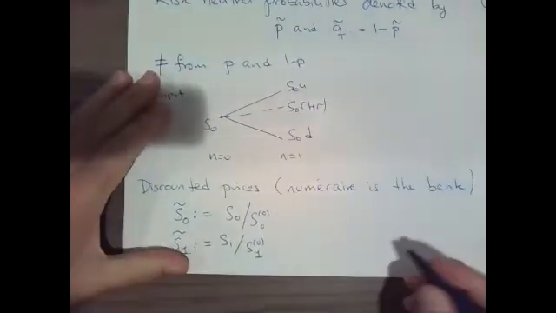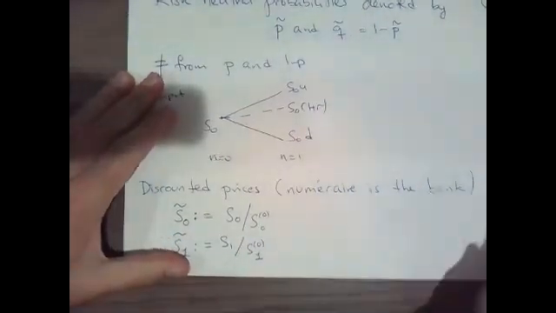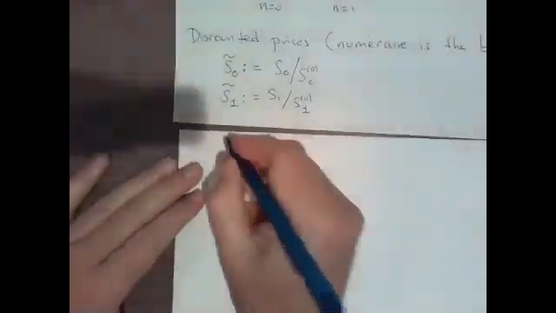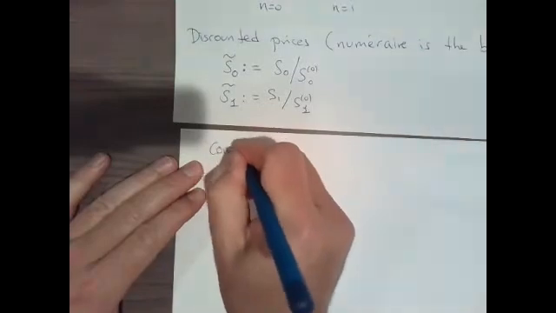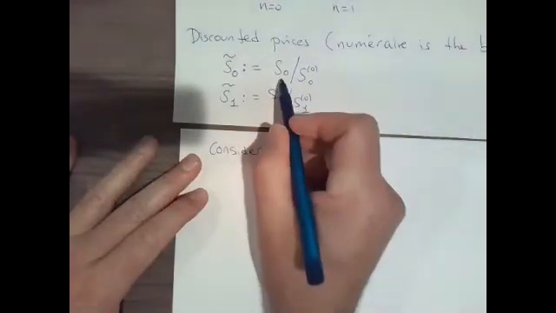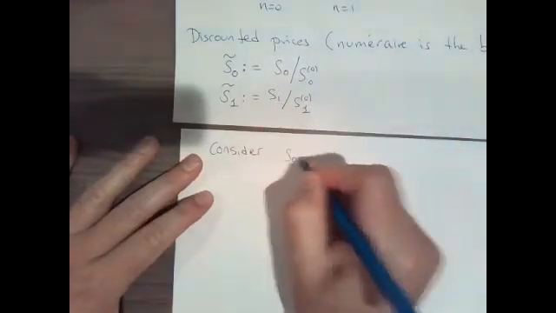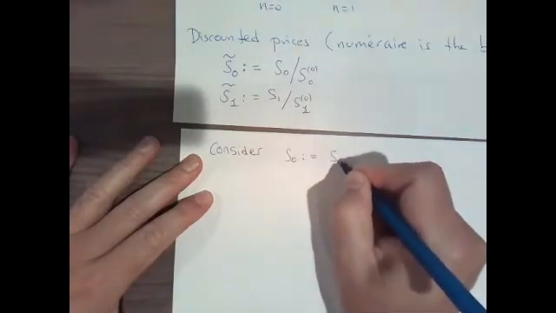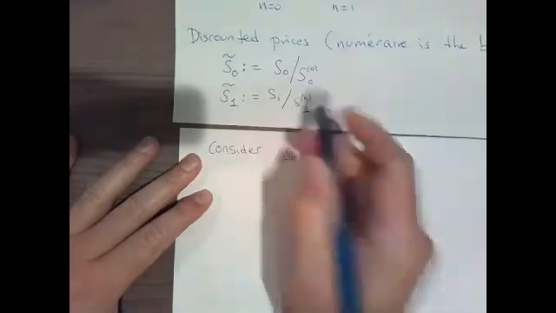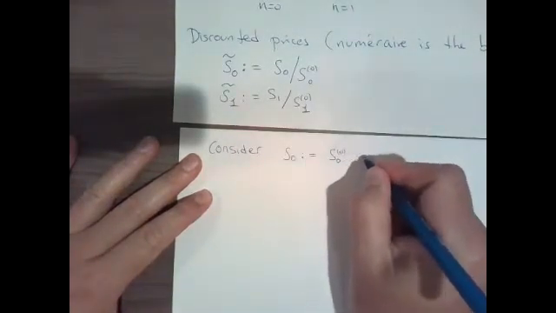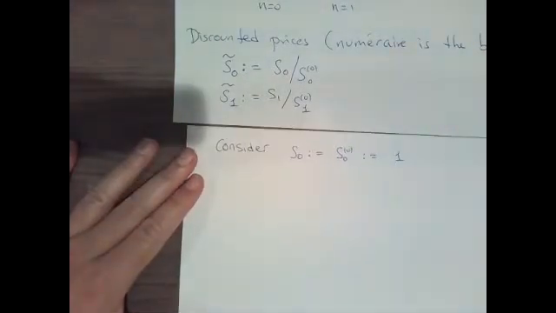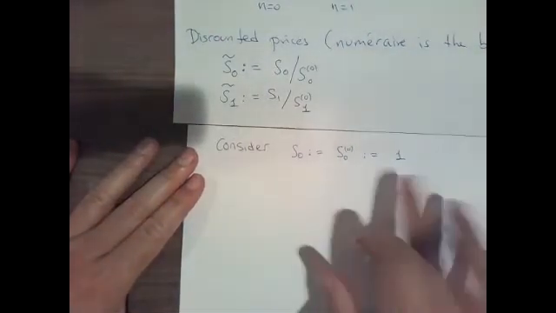Let's consider the case as an example where the initial stock price and the initial bank account price are both equal to 1. It's probably not such a big deal. We can presumably scale everything so that this happens.